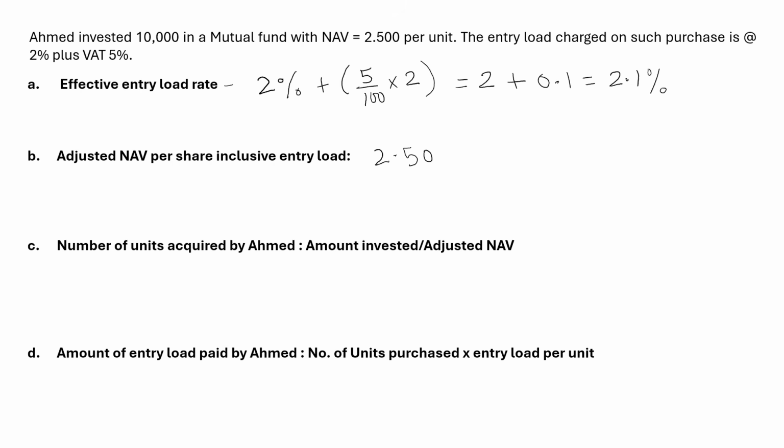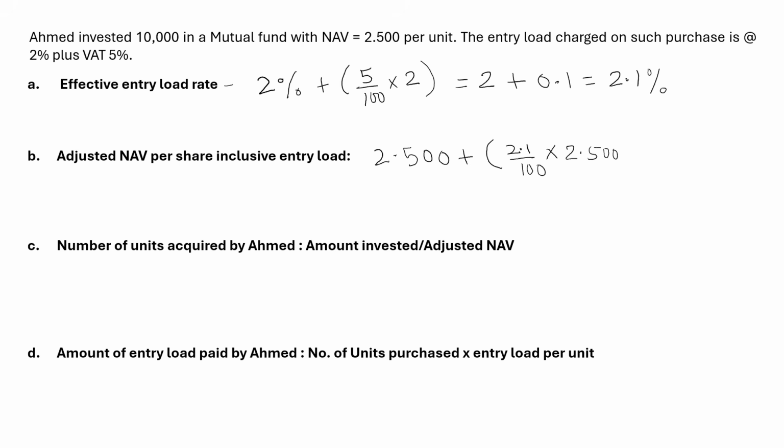So NAV is 2.5 plus, inclusive of entry load means plus, what is my entry load? 2.1%. 2.1% means 2.1 divided by 100.